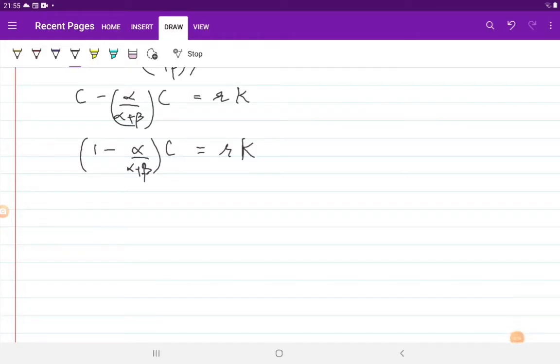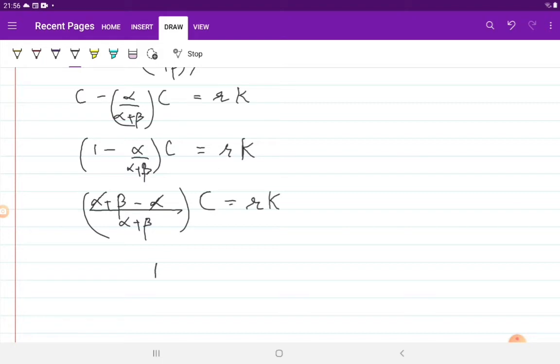Next, I take C common, so I get 1 minus alpha by alpha plus beta in the brackets. Within the brackets, take alpha plus beta as the LCM. So, alpha plus beta minus alpha comes in the numerator. Positive and negative alpha cancel out each other.